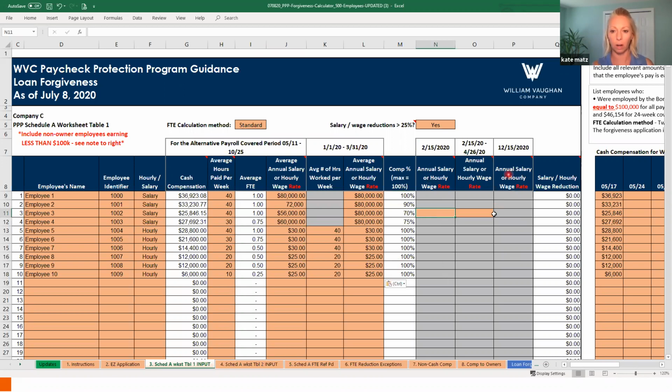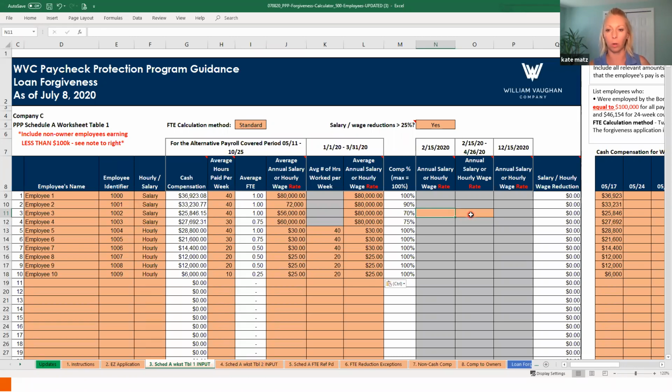So these next 3 columns then get into the safe harbor for compensation changes. And these dates are kind of interesting. We start out by looking at what was the rate in effect as of February 15th. That's kind of the pre-COVID date that was selected in the CARES Act.